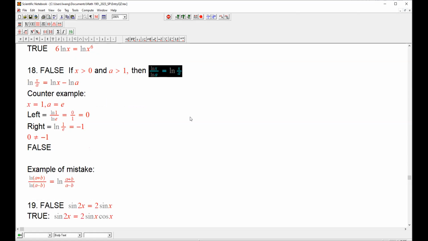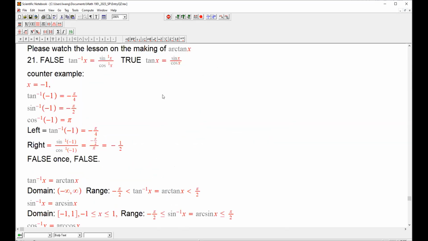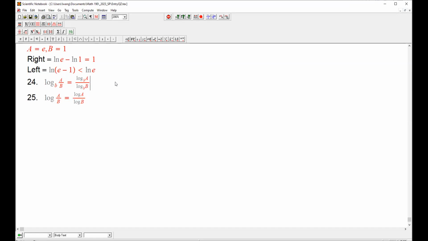For the common log, refer to number 18. Does that also give us examples for false? When the base equals e, we have number 18. It already told us it's false. We have counterexamples out there.